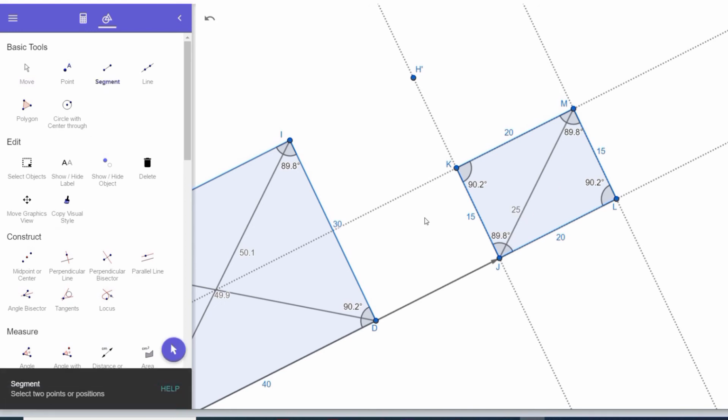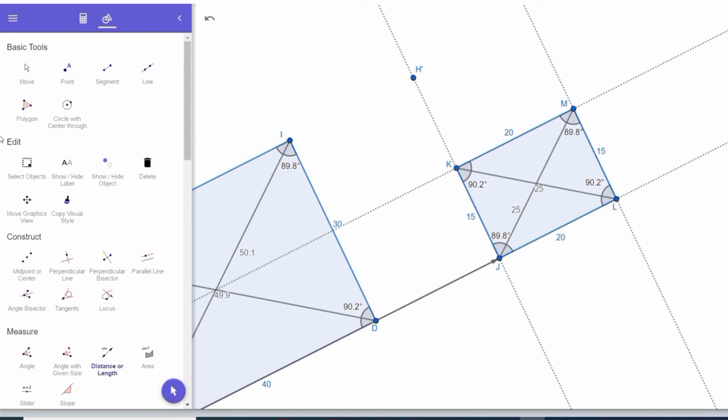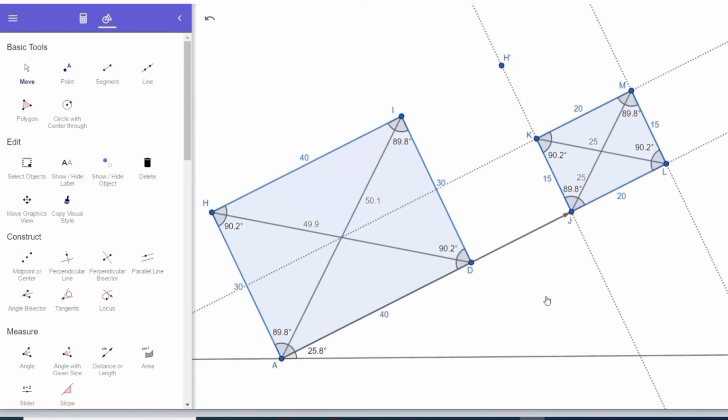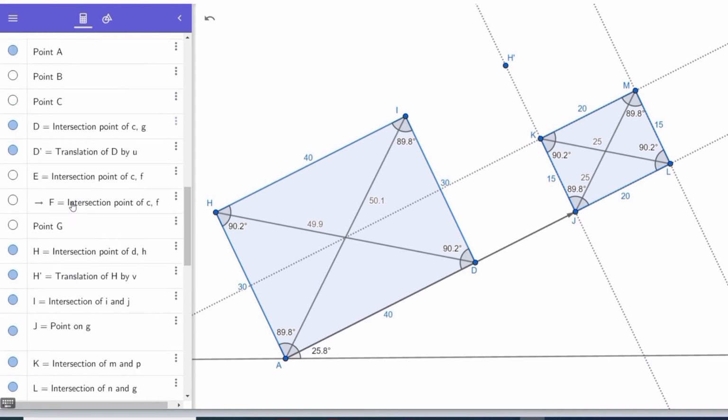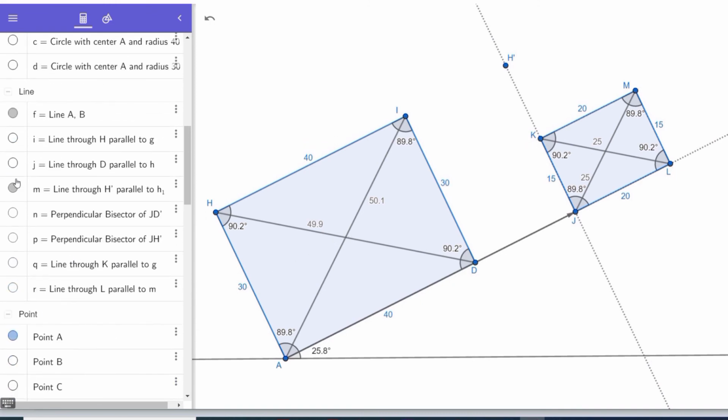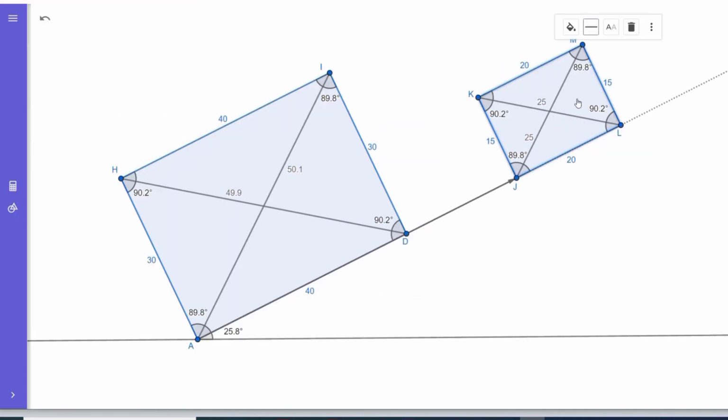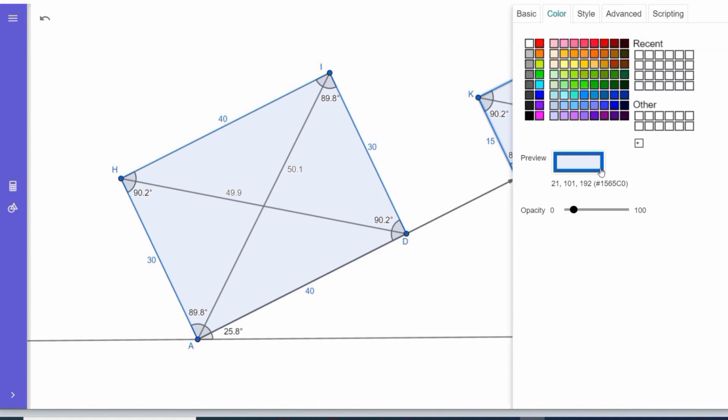We can also compare this with the length of the original parallelogram. Finally, we make all the construction points and lines invisible and color the new diagram a bit differently. And that's how we complete the drawing of a quadrilateral or a parallelogram at 1:2 scale or half the size of the original.